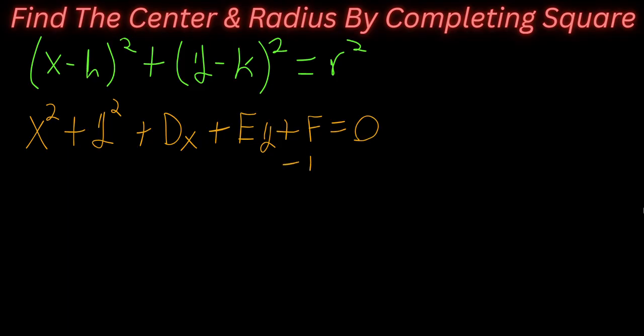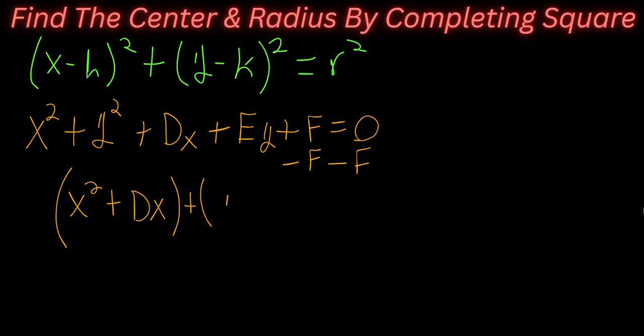And we'll approach these problems in the general form by subtracting or adding the constant term as needed and grouping the x and y terms together. And we will have something that looks like this. Y squared plus ey will equal negative f. And now, once we get to that point, we will complete the square.